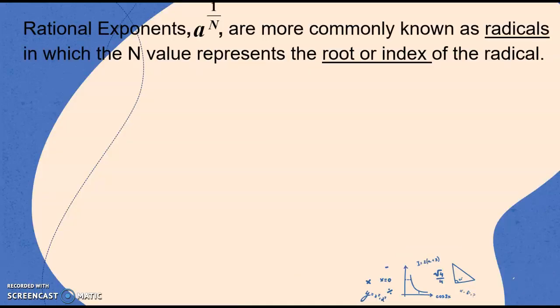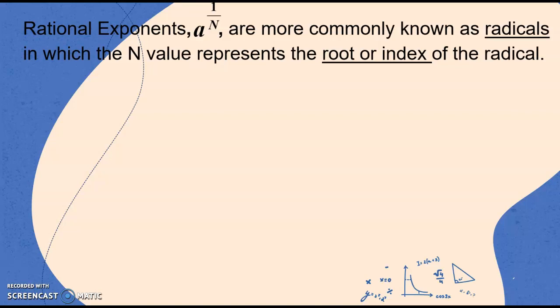So, first is we need to define where did radicals come from. So rational exponents, for example, a to the power of 1 over n are commonly known as radicals, no? In which the n value represents the root or the index of the radical. So yung n natin dyan, it could be any number, right?